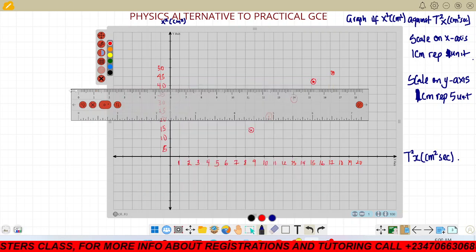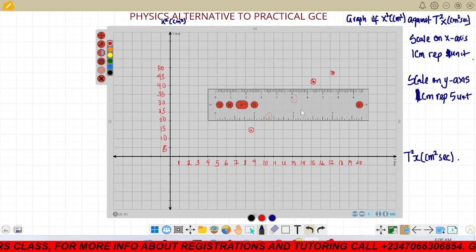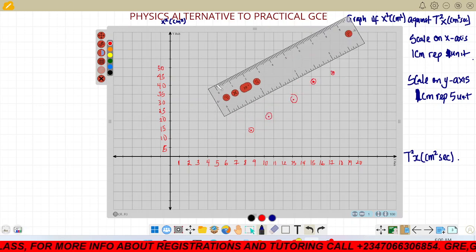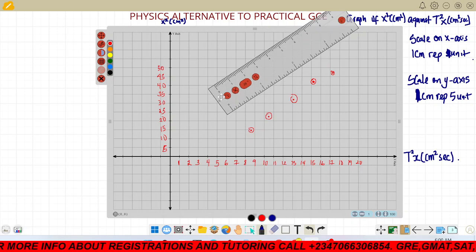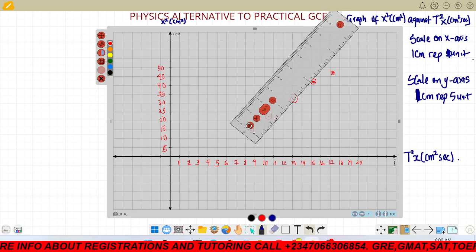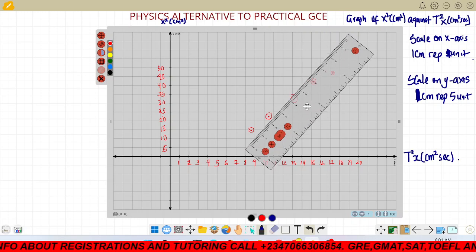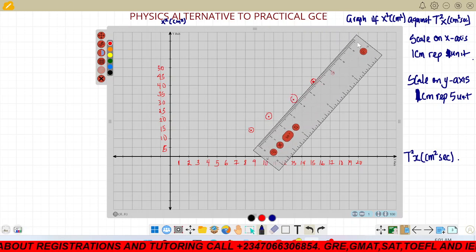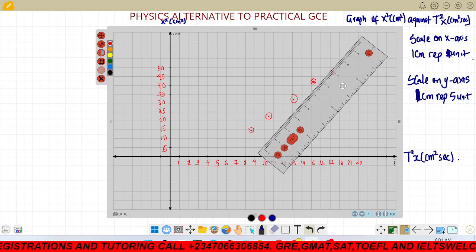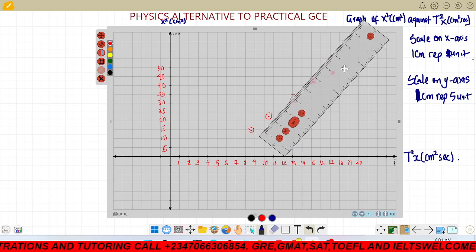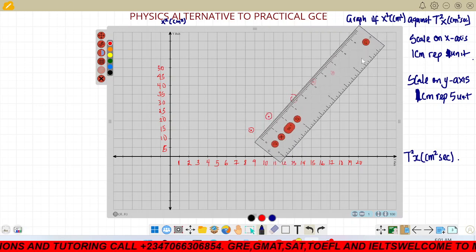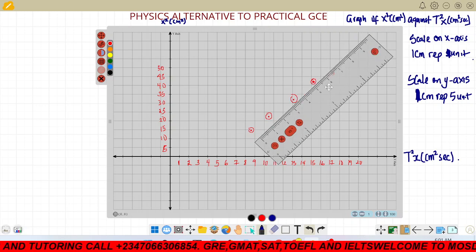Like I said, let me reduce this ruler so that I'll be able to get my line. The ruler is too thick. So I'm going to place the ruler in such a way that it reduces against the true line. My diagram was not drawn to scale.